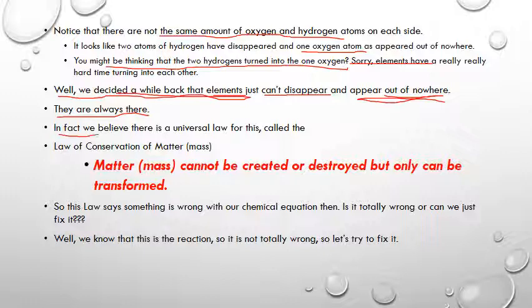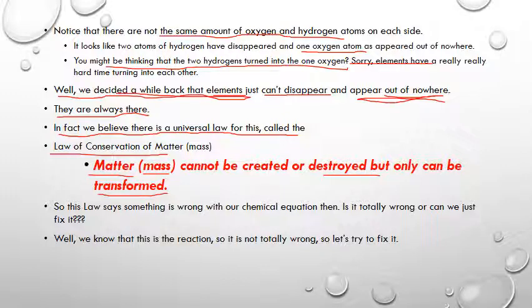In fact, we think this is a universal law. It's called the law of conservation of matter or mass: matter, because matter has mass, cannot be created or destroyed, but only can be transformed.